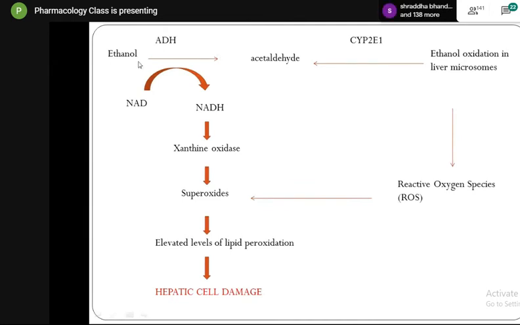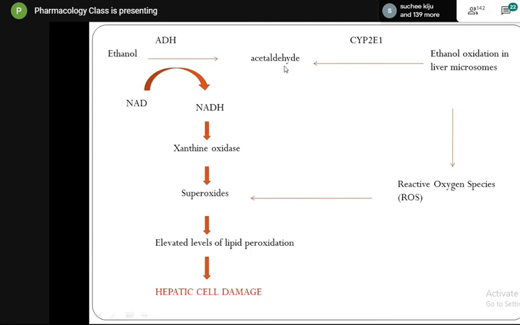Ethanol, with the enzyme alcohol dehydrogenase, is metabolized into a compound called acetaldehyde. This is the main process through which ethanol is metabolized inside the liver. When it is metabolized to acetaldehyde, there are some redox changes happening.